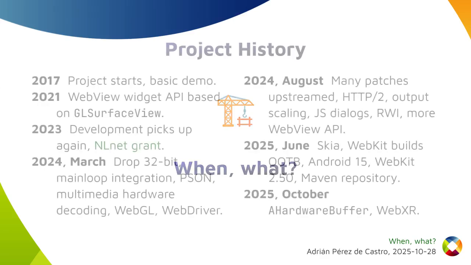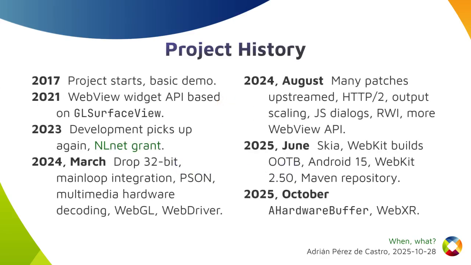This is a very quick overview of the history of the project. It actually started quite a while ago, in 2017. It was a very rough demo in the beginning, from 2017 until 2023, when Igalia got a grant from the NLnet Foundation to work on this, and then we gave it a big push and implemented a lot of things which were missing. We were disabling a lot of security features.